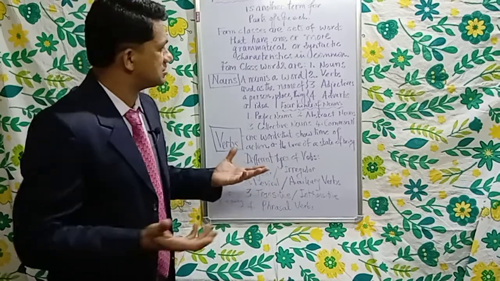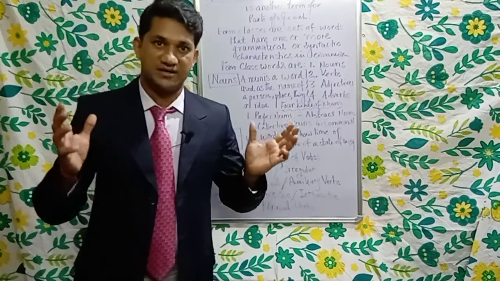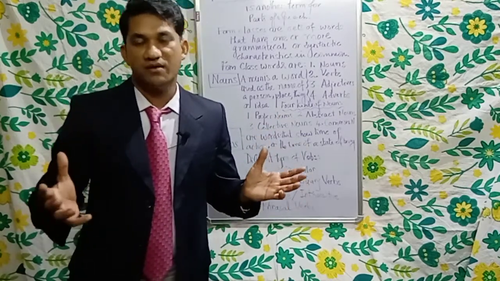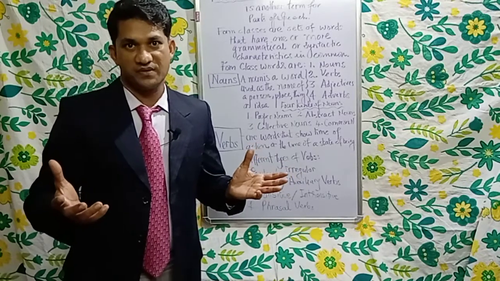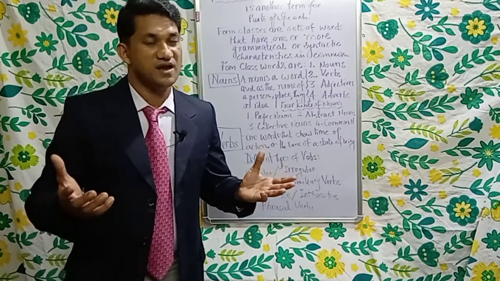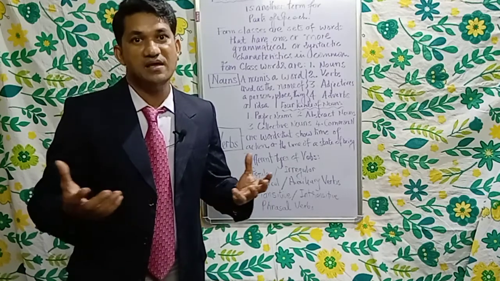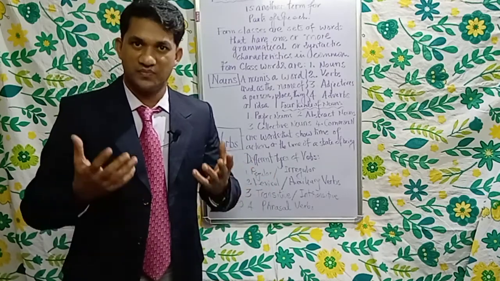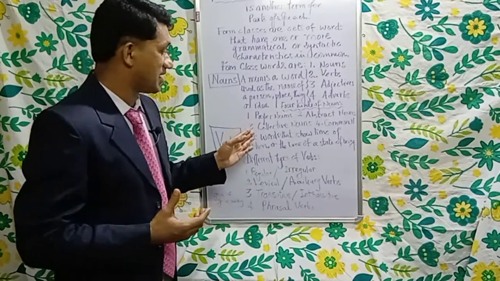Collective nouns, as the name goes, are nouns that refer to a collection or a group. And we have team, staff, pride, a pride of lions, a school of whales. Likewise, we have words that refer to a group, which are collective nouns.